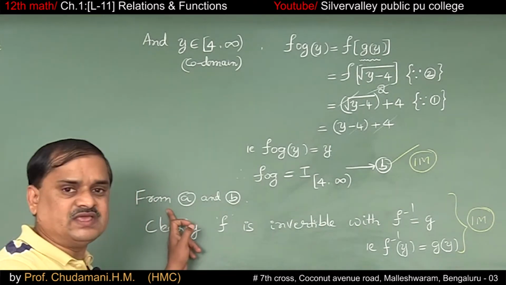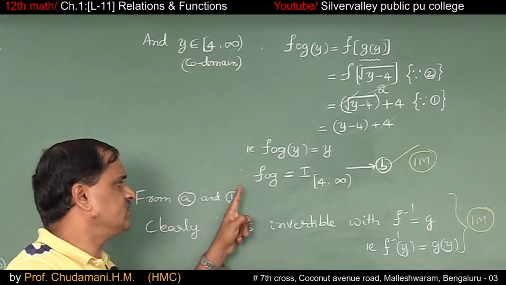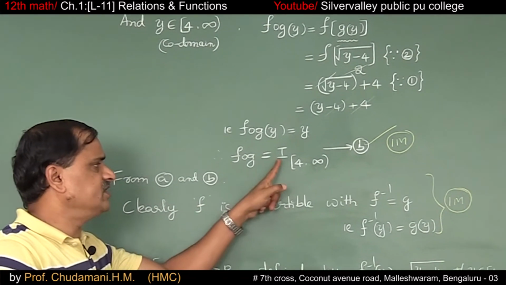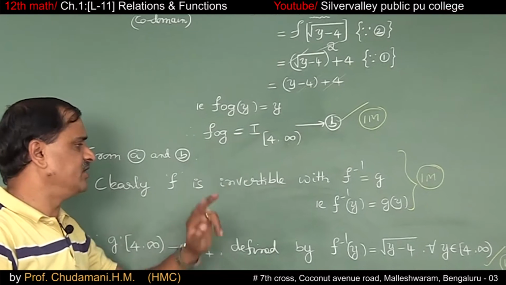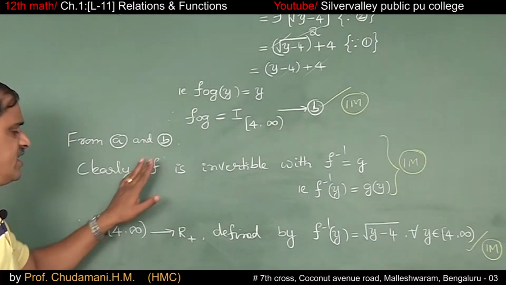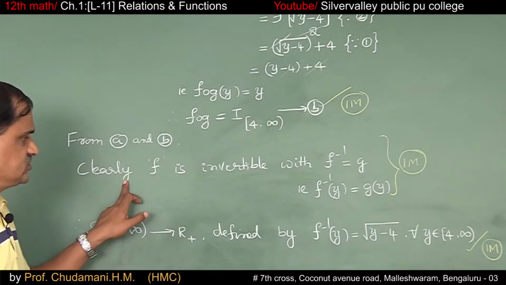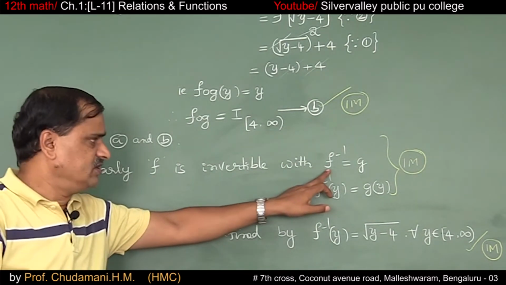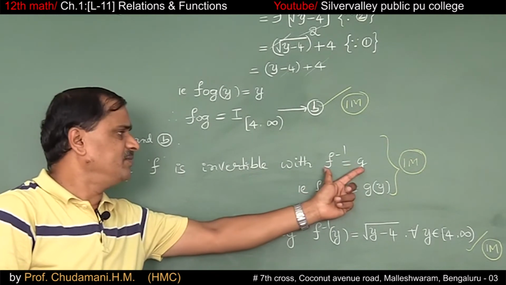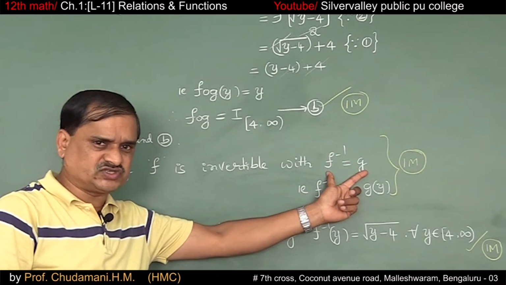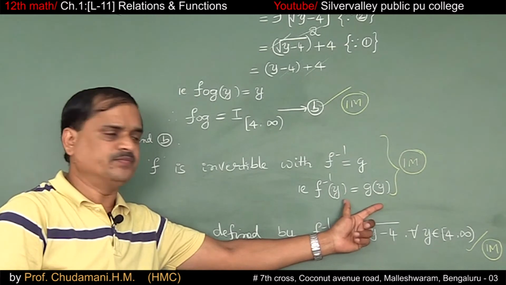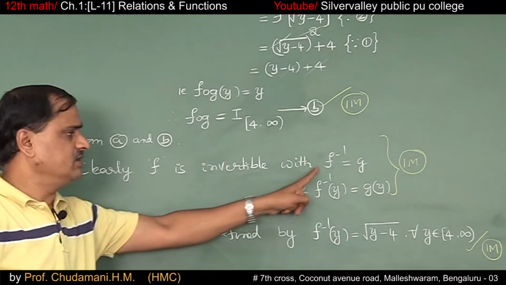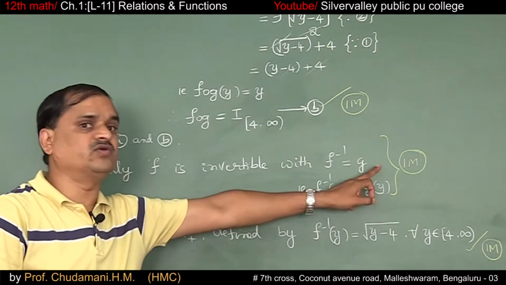Now from equations A and B: g o f is the identity function on R plus, and f o g is the identity function on the closed interval 4 comma infinity. So from A and B, by the definition of an invertible function, clearly f is invertible with f inverse equal to g. Operating on y on both sides, f inverse of y is equal to g of y. If you write this conclusion from A and B that f inverse exists, you get 1 mark.